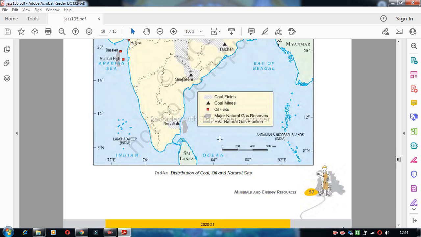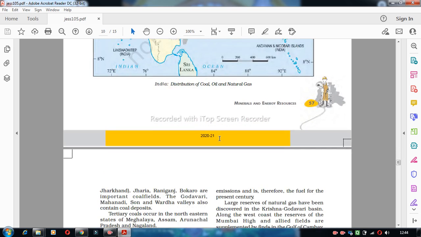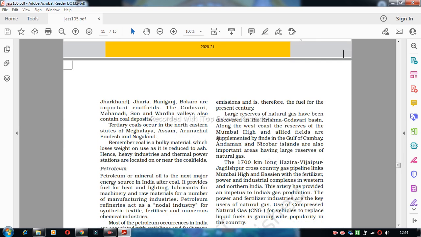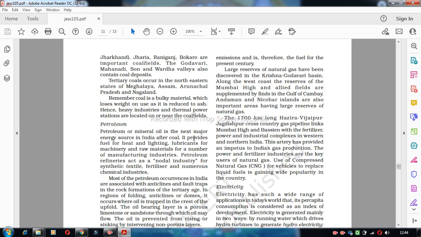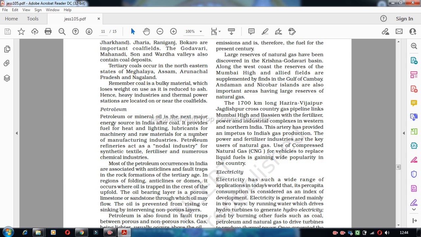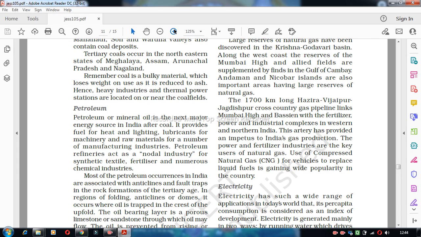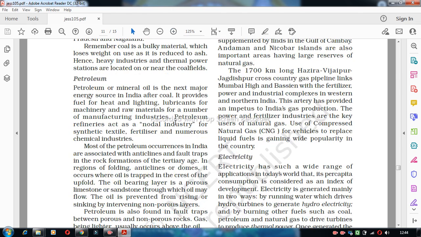After that, moving toward the next point, that's petroleum. So petroleum or mineral oil is the next major energy resource in India after coal. It produces fuel for heat and lighting, lubricants for machineries and raw materials for a number of manufacturing industries.